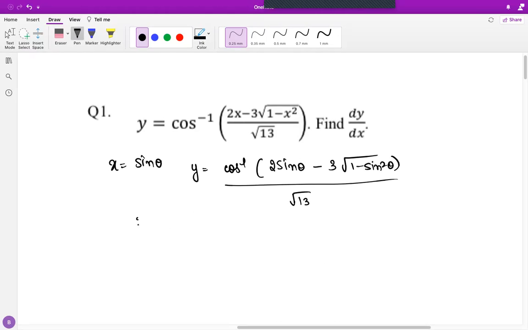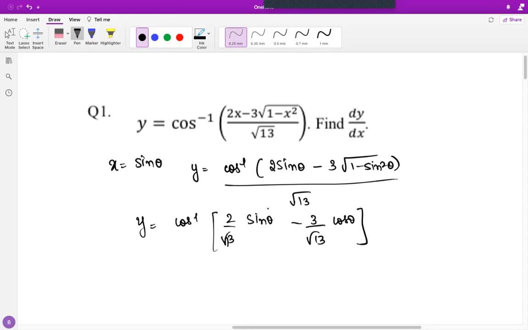You can split it as y equal to cos inverse of 2 by root 13 sine theta minus 3 by root 13 into cos theta, since 1 minus sine square theta is cos theta.